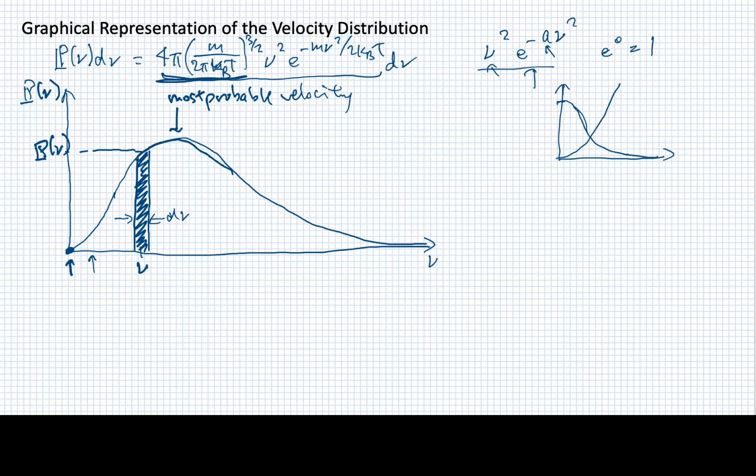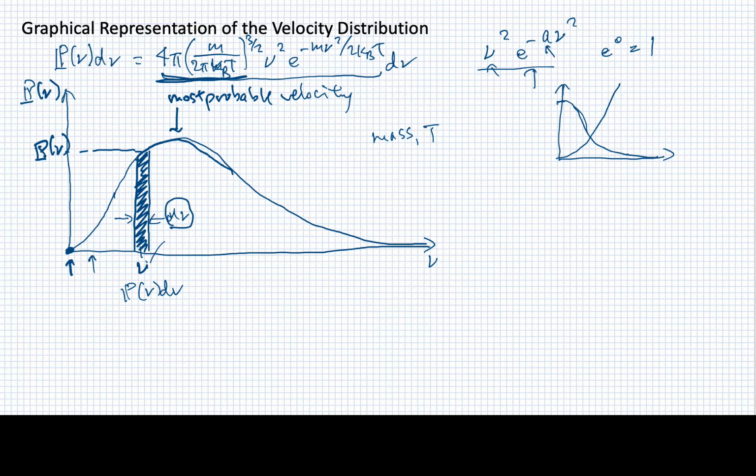So that's what's going to tell us P(v) dv is going to tell us the probability of finding a molecule with a velocity within a certain range around that value. All right. Now, we have several parameters here that the distribution depends upon, and those parameters include the mass of the particles, the temperature of the particles.